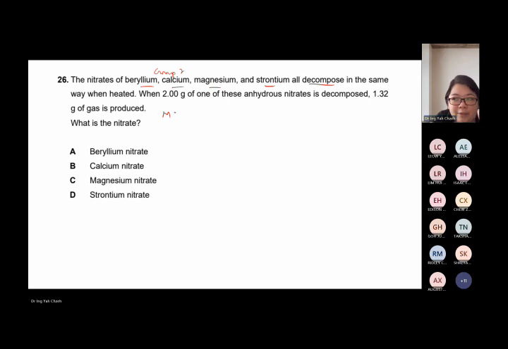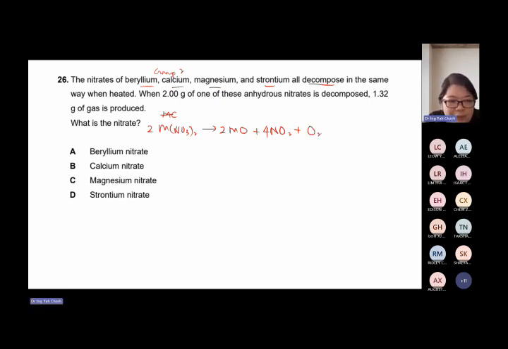M represents the metal from group 2: M(NO3)2 gives MO, plus NO2, with coefficients 2, 2, 4, and then 1 oxygen.